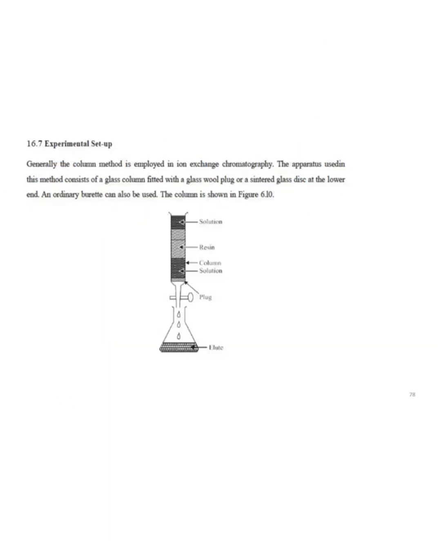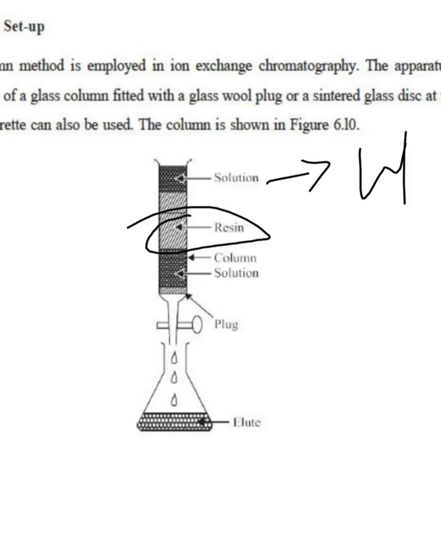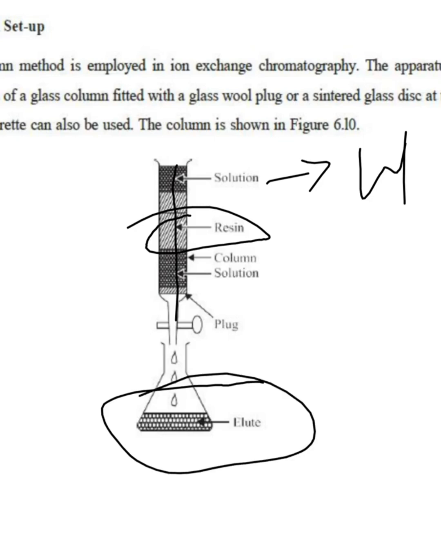Next is the experimental setup, which I already explained here. We will be using water as the solution in ion exchange chromatography, and the stationary phase is the resin in the column. The eluate gets exchanged and separated.